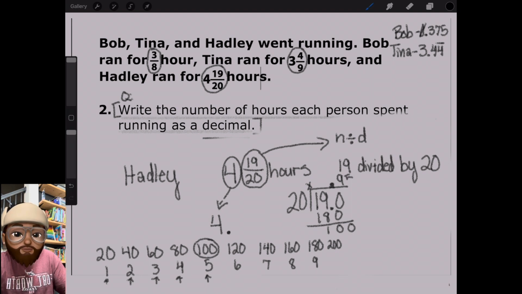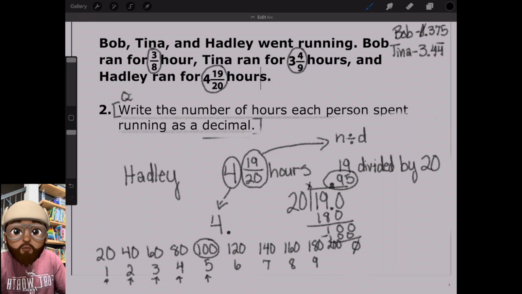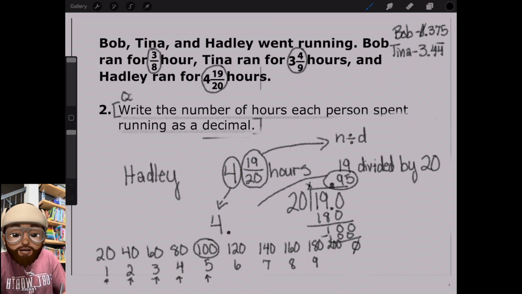Let's write that down. 5 times 20 equals 100 even. 100 minus 100 equals 0. And so we know that 19 over 20 converted to a decimal is 0.95 or 95 hundredths. Let's write that down over here.